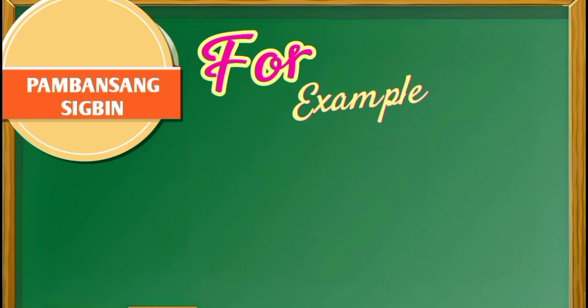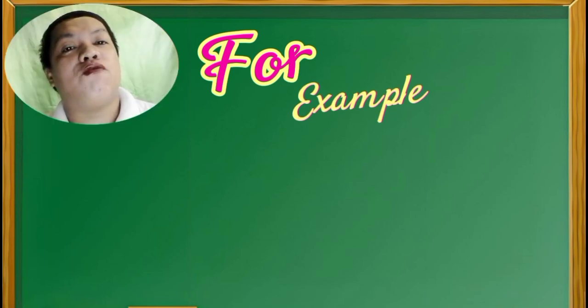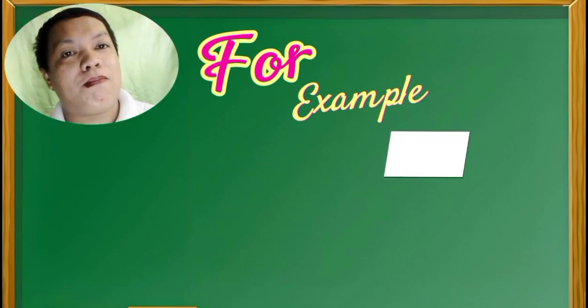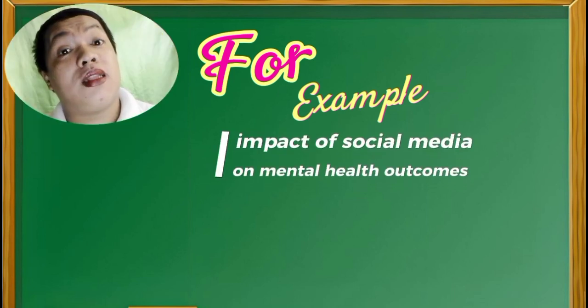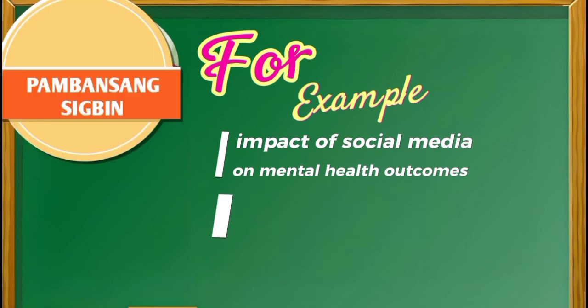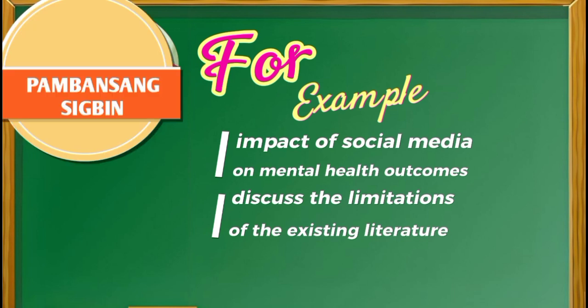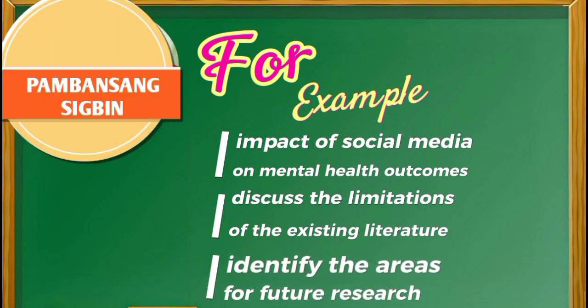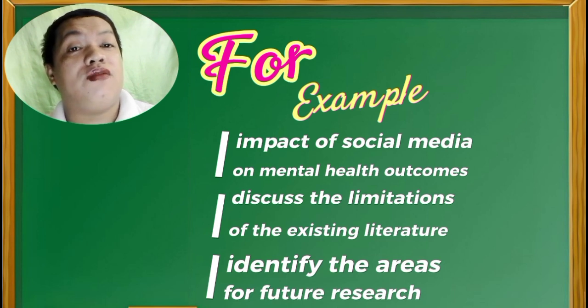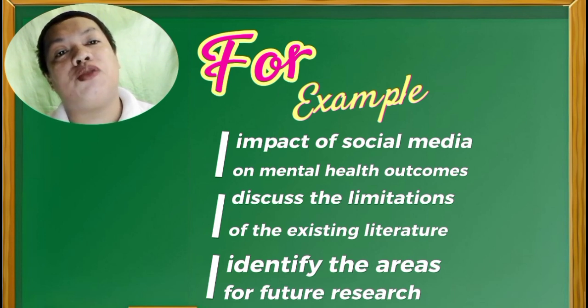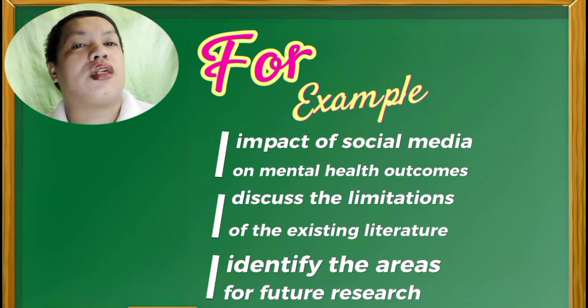Example, to be clear, your review might summarize the findings of studies that have investigated the impact of social media on mental health outcomes, then discuss the limitations of the existing literature you have chosen, and identify areas for future research relative to the completed research that you are going to indicate in the RRL part of your research proposal or of your college thesis proposal.